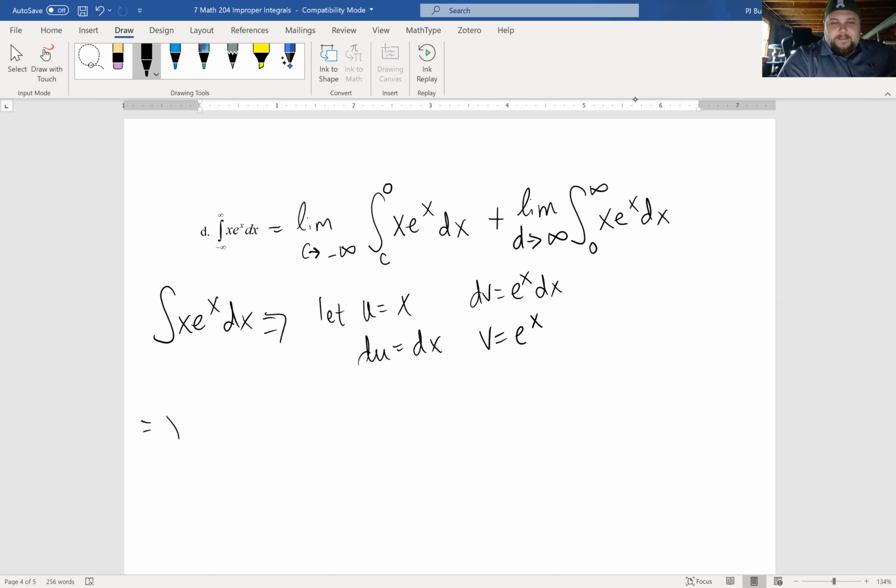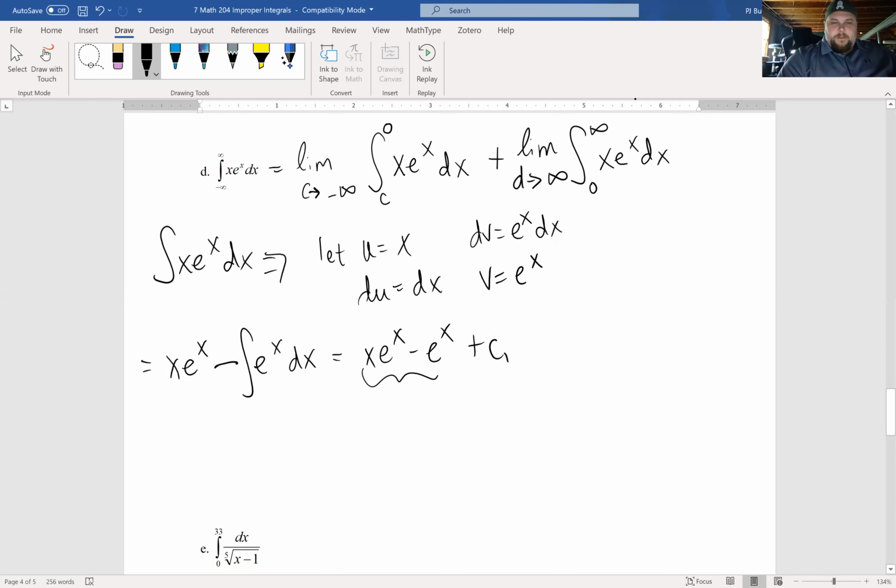This is x times e to the x minus the integral of v du. And that's a simple integral. It's our favorite one probably, besides maybe the integral of dx. Again, we only care about this part. So once we have that result, we can plug it in the part above.